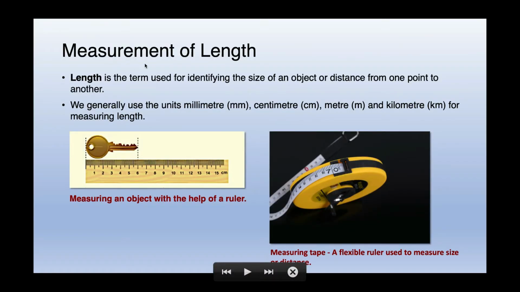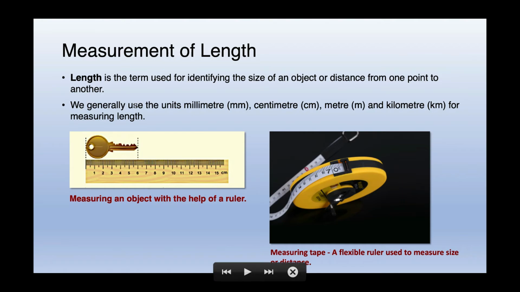Next, measurement of length. Now, length is the term used for identifying, that is, to know the size of an object or distance from one point to another. So, length of an object tells us how long an object is, what is its size, or what is its height, or the length may refer to the distance between two points.